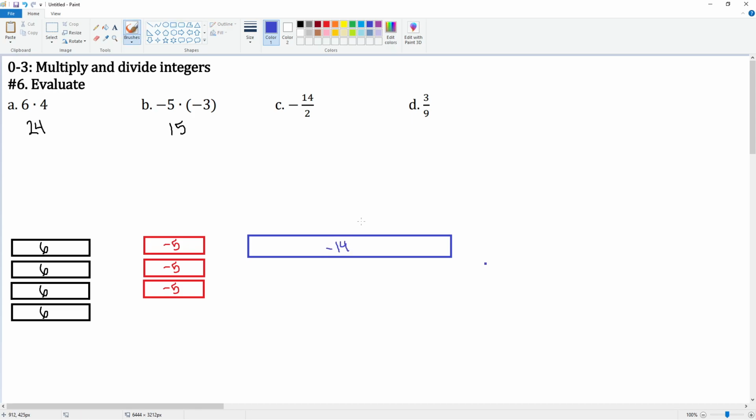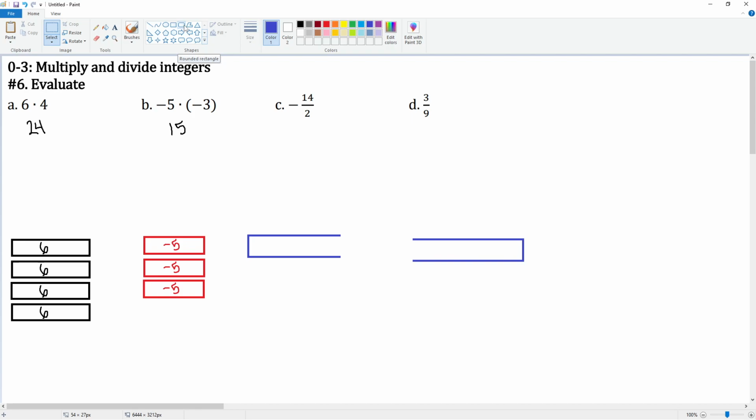And the negative 14 block here is going to be divided by 2. The act of dividing by 2 is the same thing as dividing this into 2 pieces.